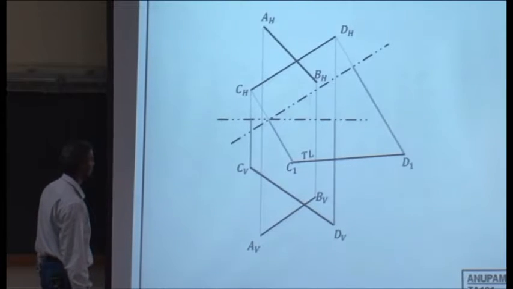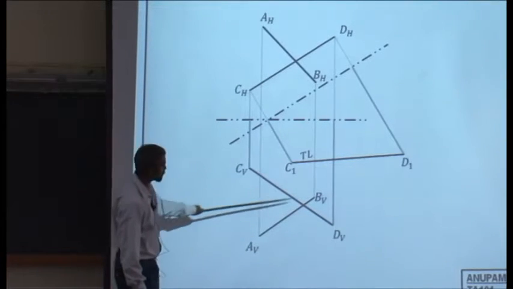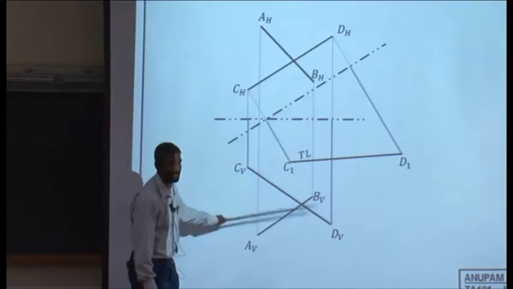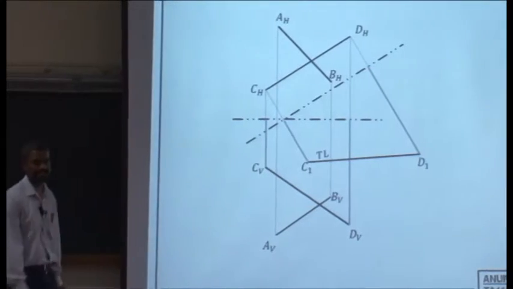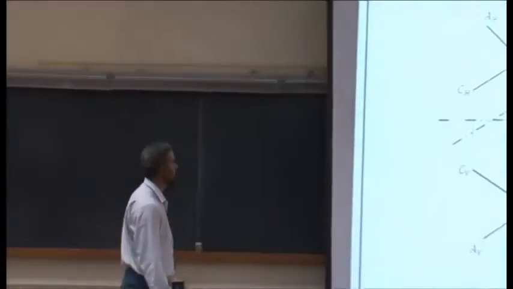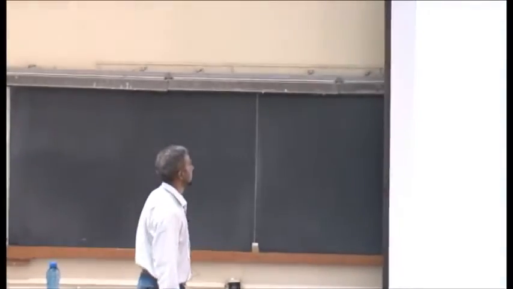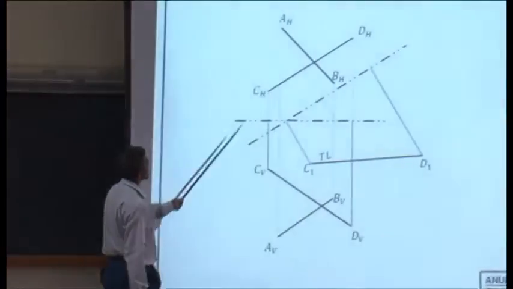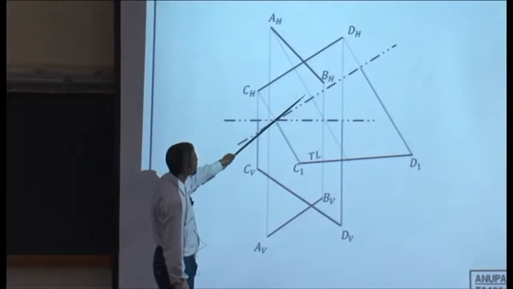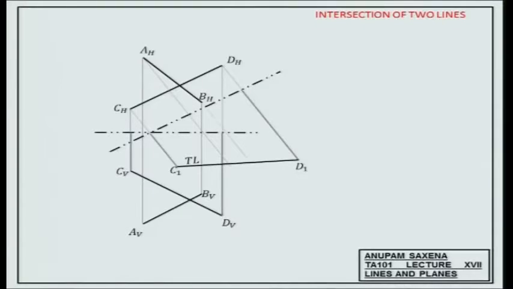But before that, I have to transfer these two points as well, just like I did C and D. Okay? So my AB are going to be lying on these projectors, which are perpendicular again to this hinge line.